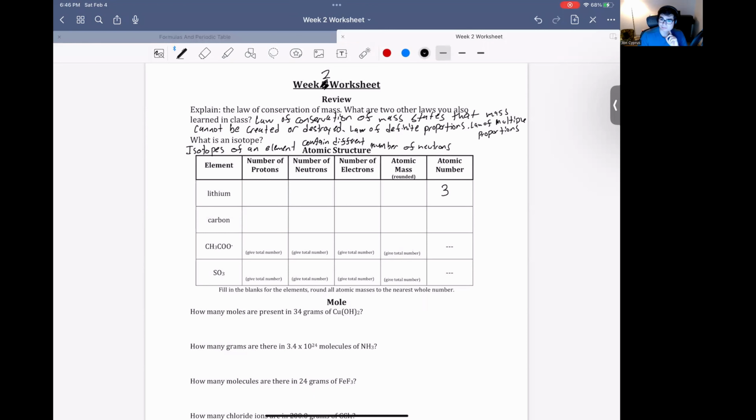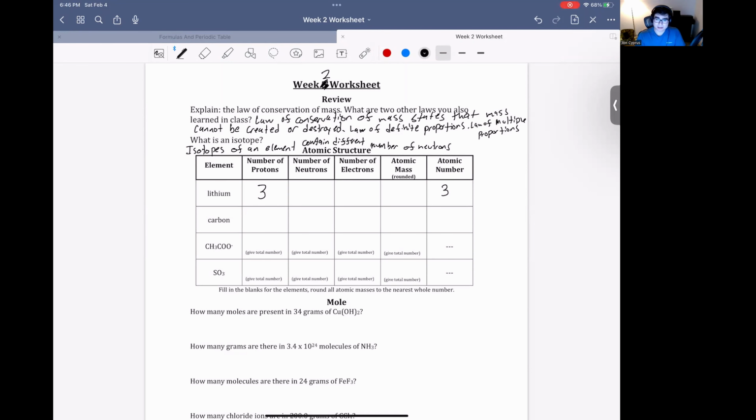Now the atomic number, what does that tell you? The atomic number tells you how many protons you have. So lithium also has 3 protons. You look at the atomic number, and that tells you how many protons your element has.